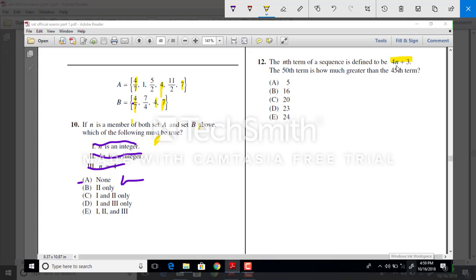If it's second, 4 times 2 plus 3, and so on. Here, he's asking how much greater the 50th term is than the 45th term. All we will do is get the value of term number 50 and term number 45, then get the difference between both of them, because we need to compare between them.